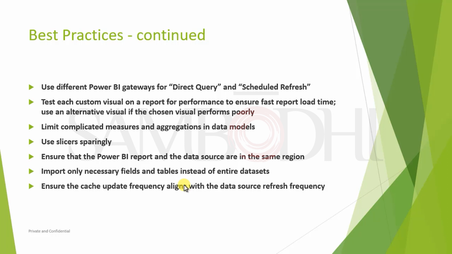The idea is, the further the calculations are from Power BI and the closer they are to the data source, the faster is the performance and access of the data.